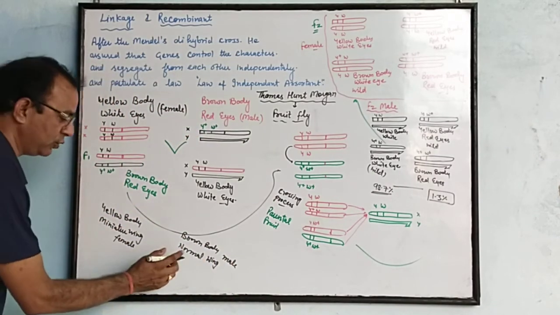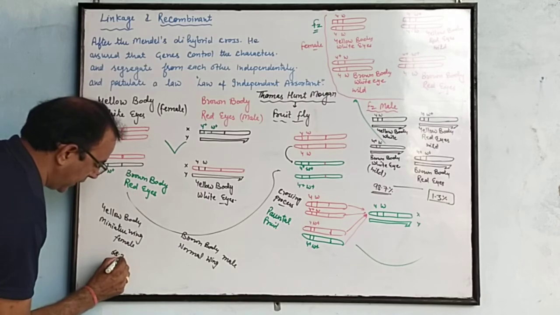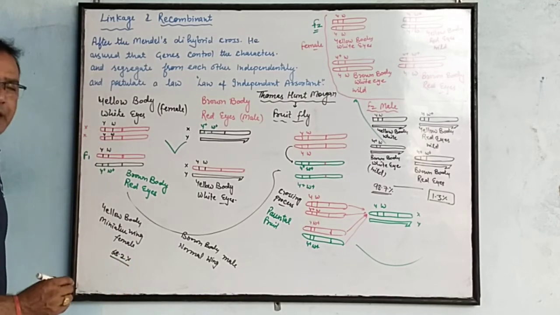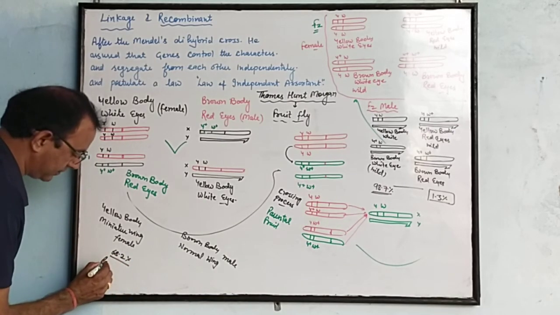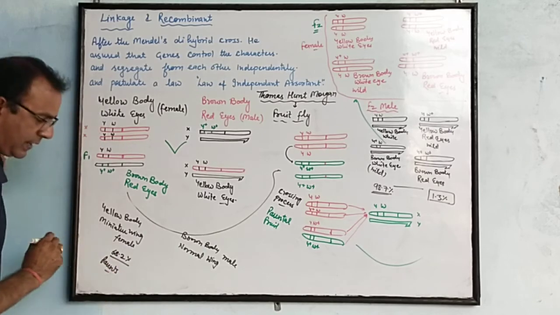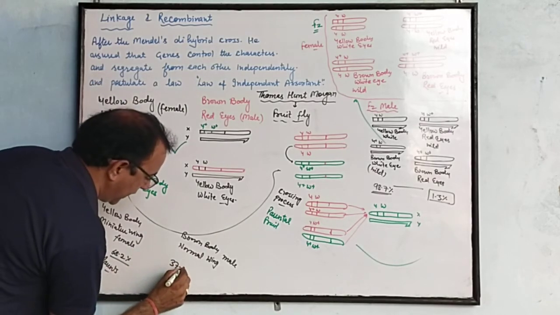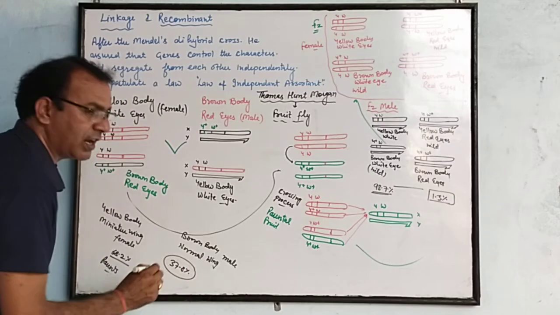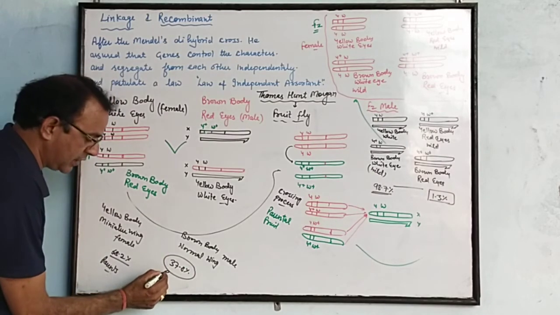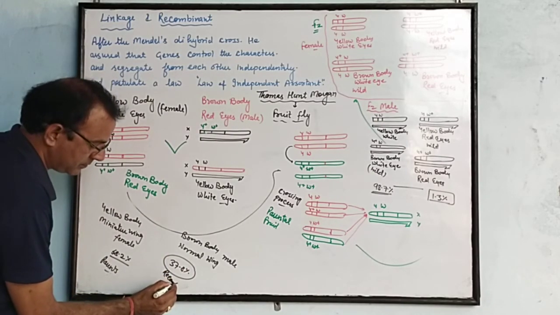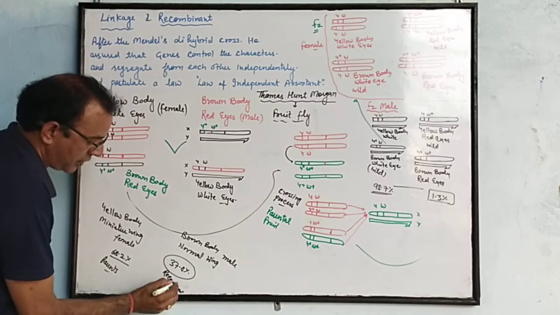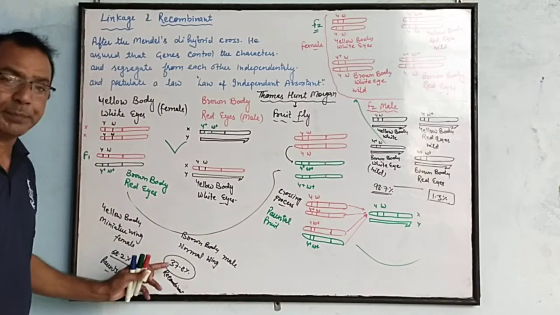Here the percentage ratio is different. 68.2% of the progeny resemble the parents, whereas 37.8% are non-parental, meaning recombinant.